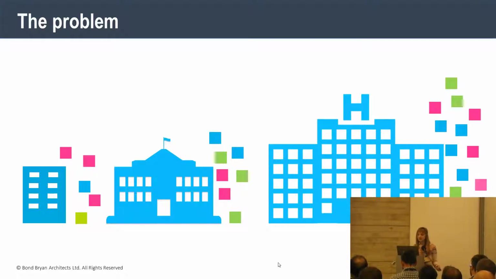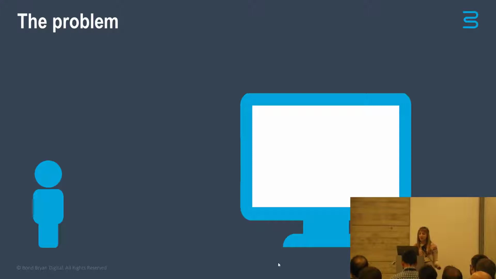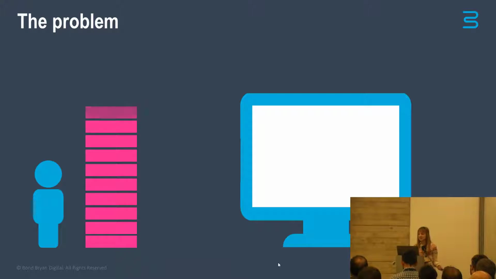What I've experienced is that this mess in my drawer is kind of a reflection of the information we hand over to clients. In fact, on a project I worked on, I spent some time with the estates department and they showed me what information they had for their buildings and how it took them hours to find anything.